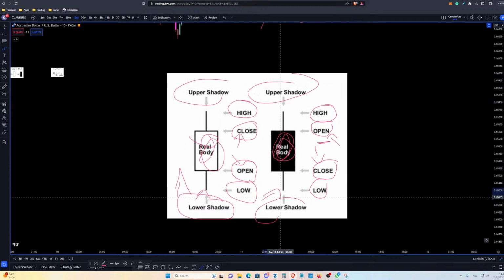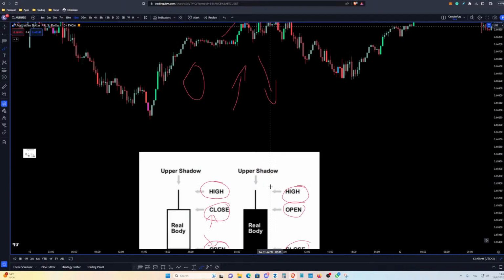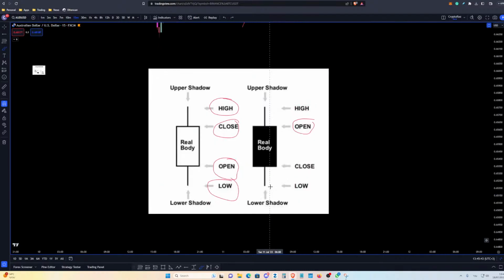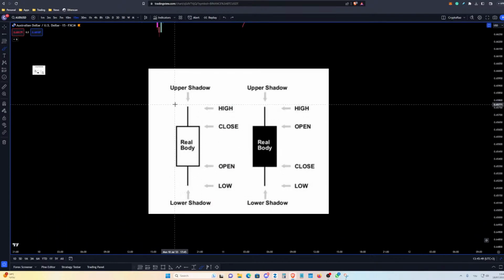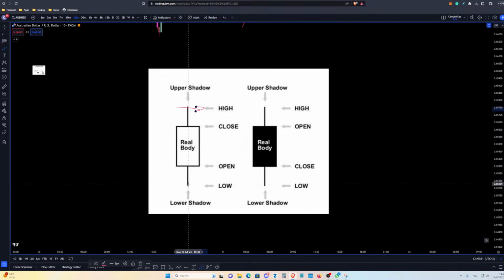As you can see, we are referring to this line right here. Let's take it back a notch so we have a clean one. Perfect. Okay. The top of the upper shadow is the high, as you can see. And the bottom of the lower shadow is the low. Perfect. Okay. So let's continue.